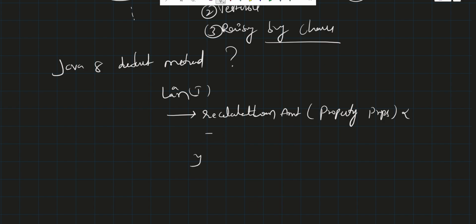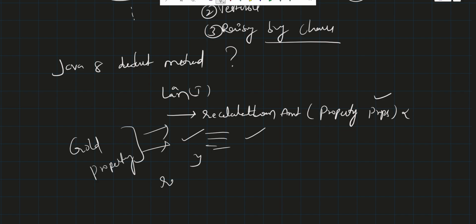Based on the implementation, it will automatically recalculate, and only the gold and property loans will use this one. The rest of the implementations will ignore it.